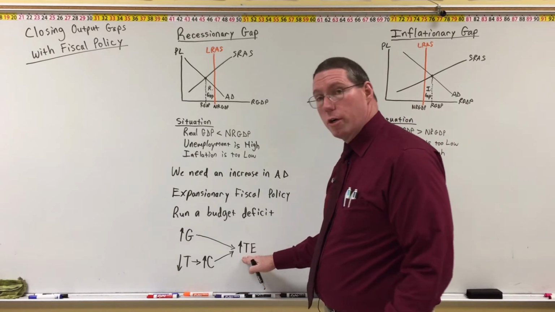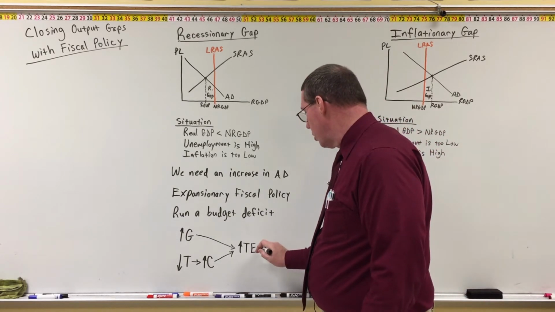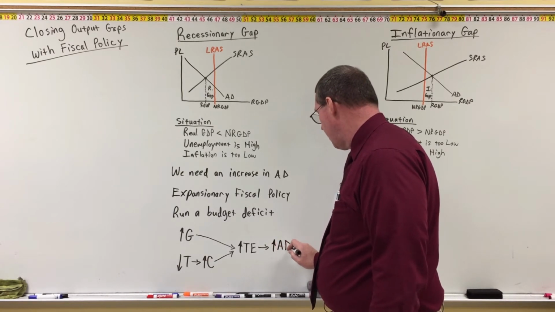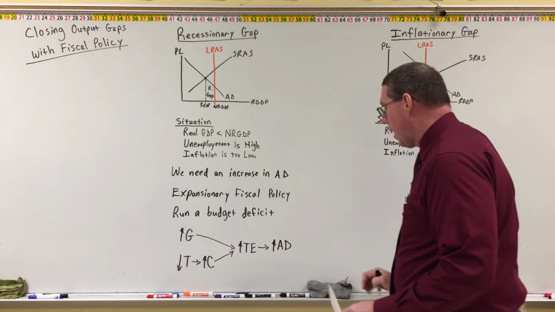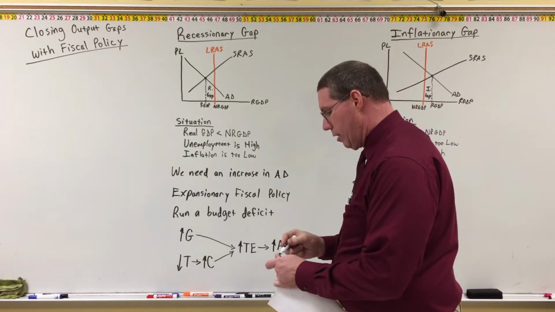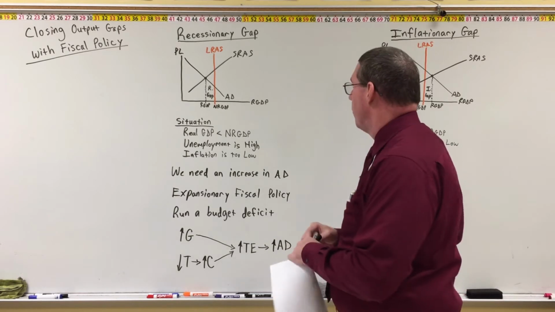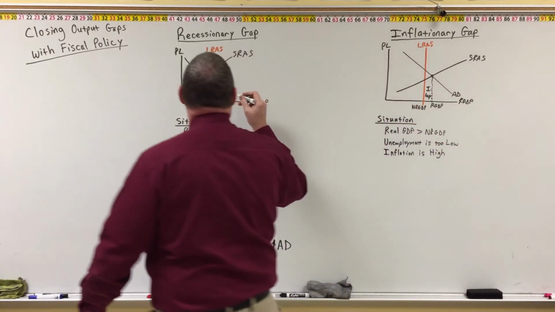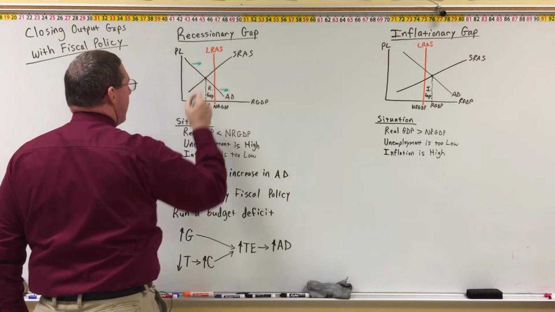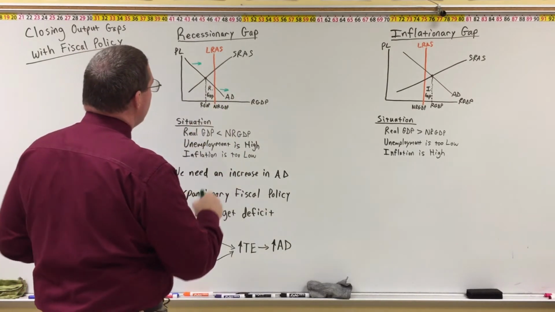When total expenditure increases, total expenditure affects aggregate demand. That's an increase in aggregate demand. And an increase in aggregate demand means a rightward shift of the aggregate demand curve. So I'm going to grab a marker here. I'm going to put a couple of right arrows at the aggregate demand curve, indicating a rightward shift of the aggregate demand curve.